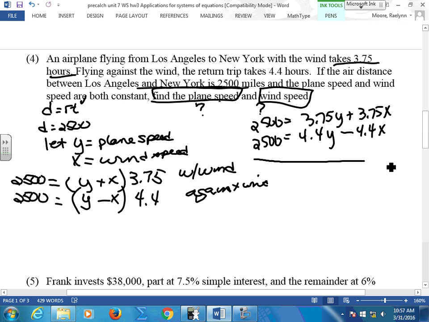Now, here's my positive and negative right here. If I multiply the top row by 4.4 and the bottom one by the other time, shouldn't my x cancel out so I should be able to find y? Good. So the rest of that is up for you. You're going to solve the rest of it.